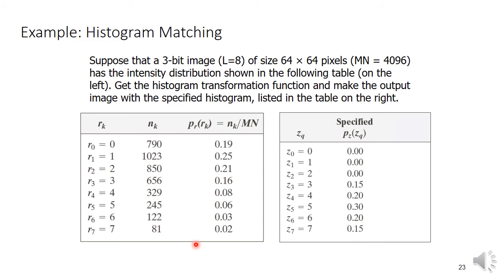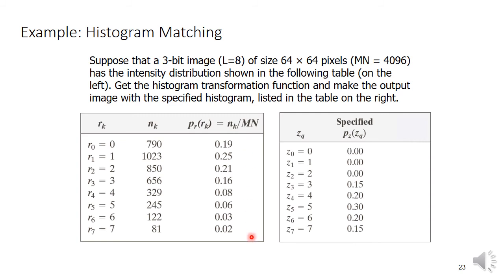This table comprises the intensity distribution of the given image. We have 8 intensity values, and n_k means that 790 pixels have intensity value 0, 1023 pixels have intensity value 1, 850 pixels have intensity value 2, and so on. Here we apply probability of r_k, which is n_k over MN, and here is the result.